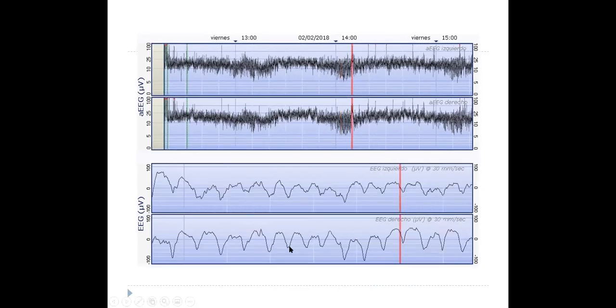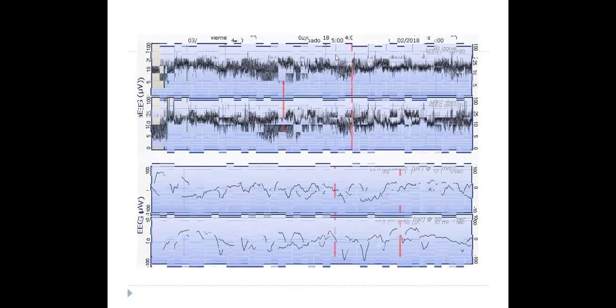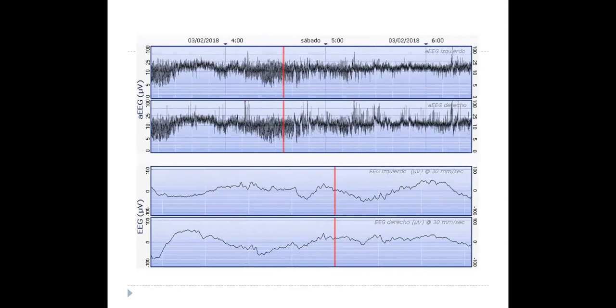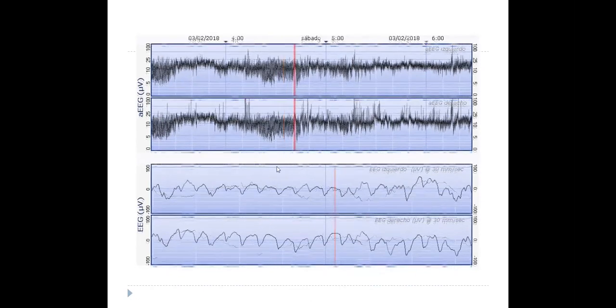And in raw aEEG, we found these rhythmic slow waves, and the date was February 2. We continued the monitoring for 24 hours, and we found this mountain again one day later. And in raw aEEG, you can see the rhythmic slow waves another time.